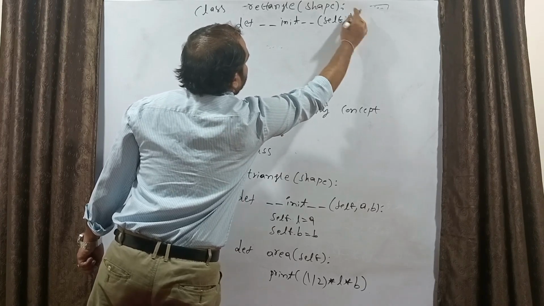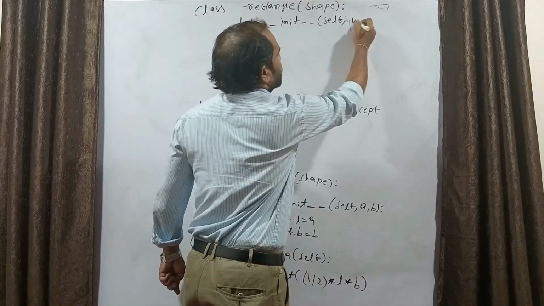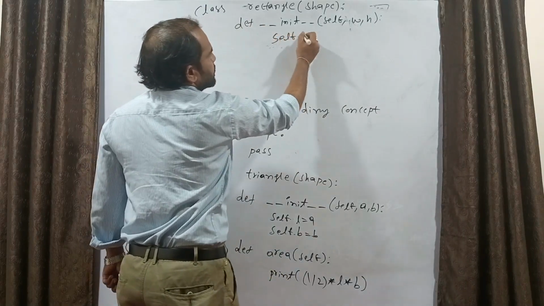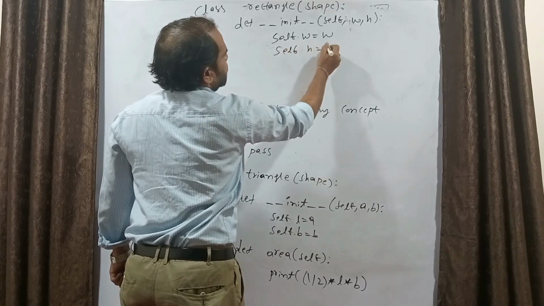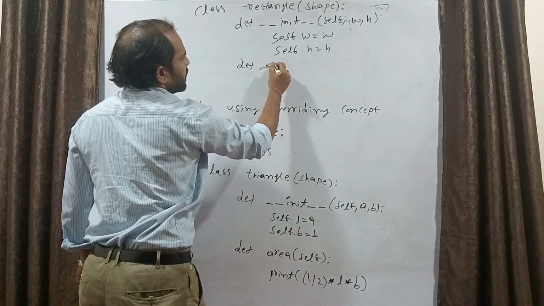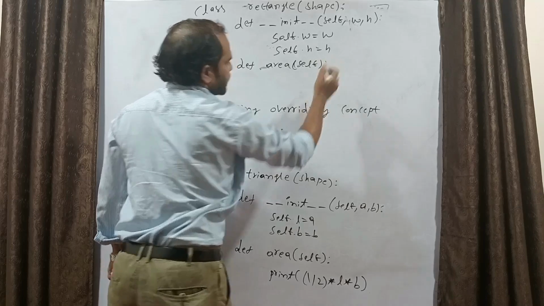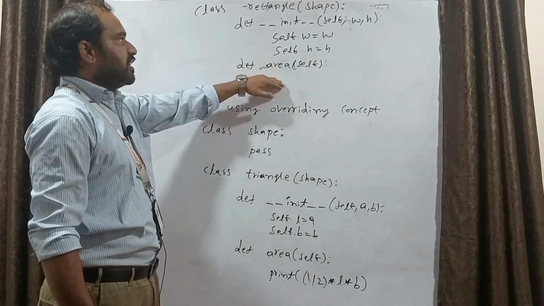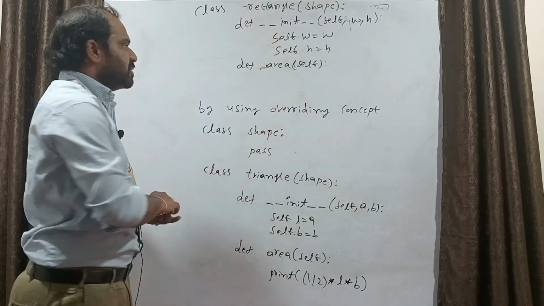Or you can take L and B, or width and height, so W and H. I will set the attributes: self.width = width, self.H = H. Now I will implement the same method here, which is area. I have implemented area in Triangle, and I am implementing area in the Rectangle class as well. So both the classes are inheriting the Shape class.